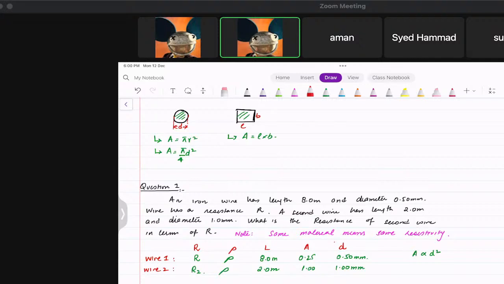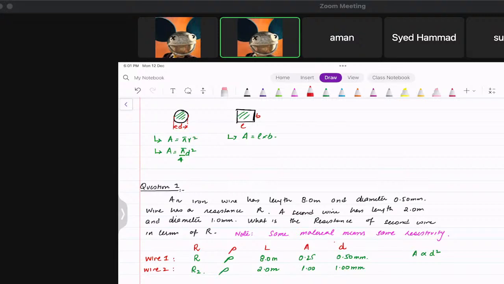Wire 1 has a resistance R, so I wrote R in green, and then resistivity is rho, length was 8, diameter 0.5. Because area and diameter are related by a square function, which means area is proportional to d square, 0.25 would cause the area to be 0.25 of the area. Do you understand? And then similarly I did it for the other one as well.